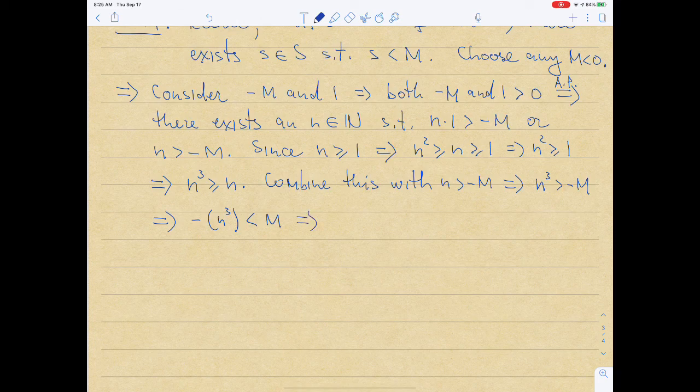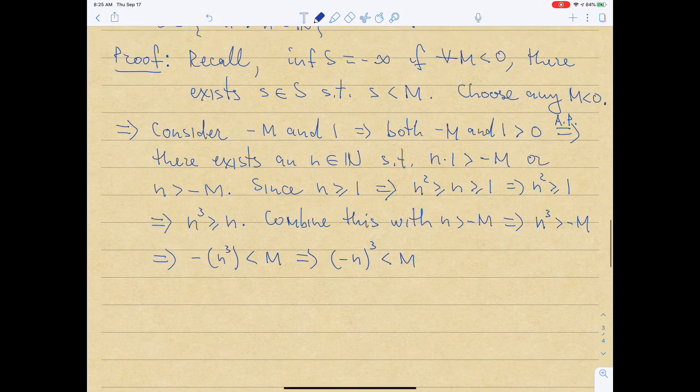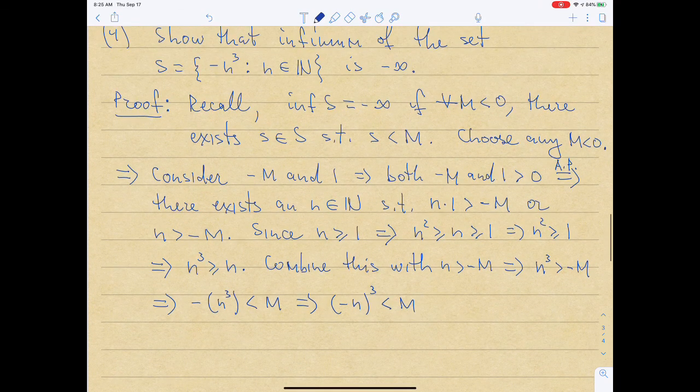Okay, but then how is minus n cubed related to minus n cubed? Can I move minus sign inside cube? Right, we know that we can do that. So we get minus n cubed less than m. Okay, but then how was our set S defined?